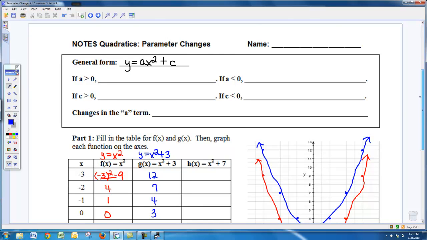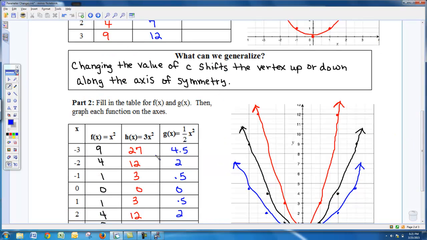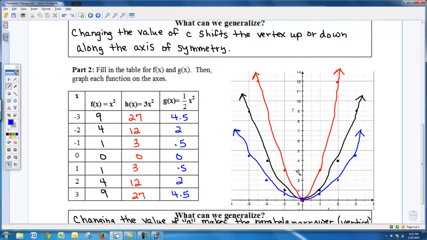How close your A value is to 0, whether it's positive or negative. 3 is a lot further from 0 than 1/2 is. So that means that the graph of 3x squared is going to be a lot narrower than the graph of 1/2 x squared.